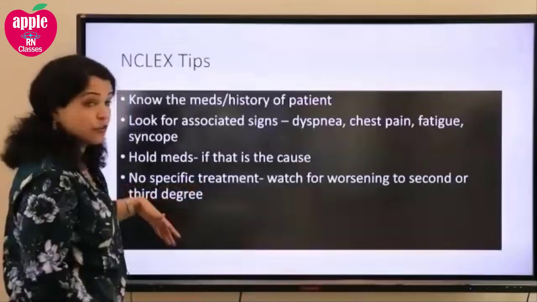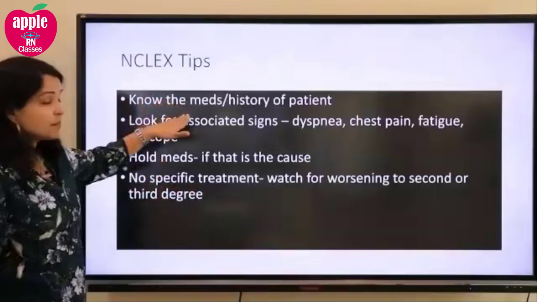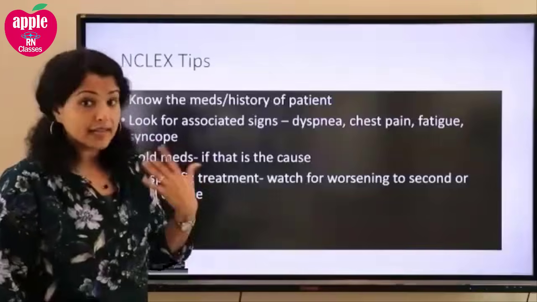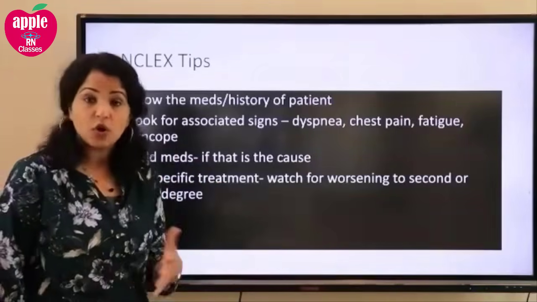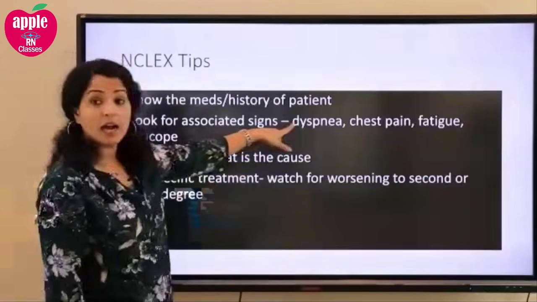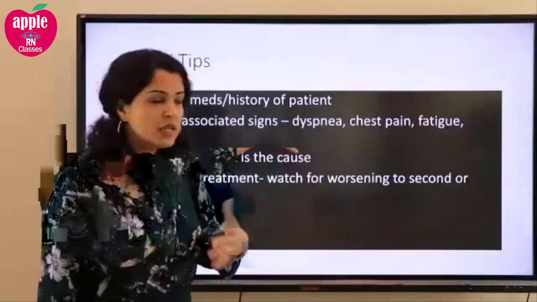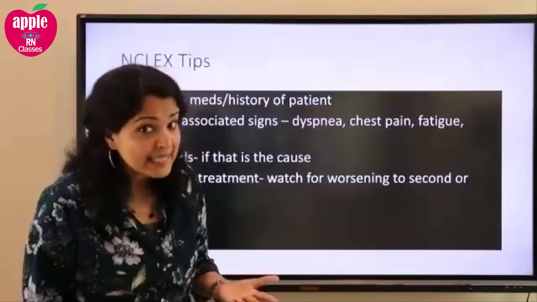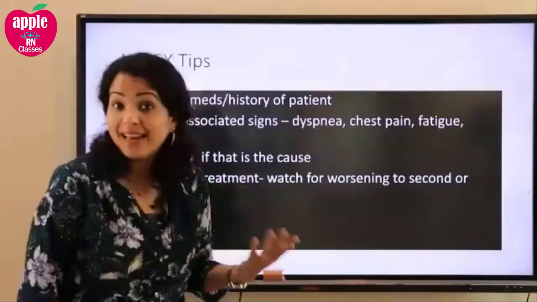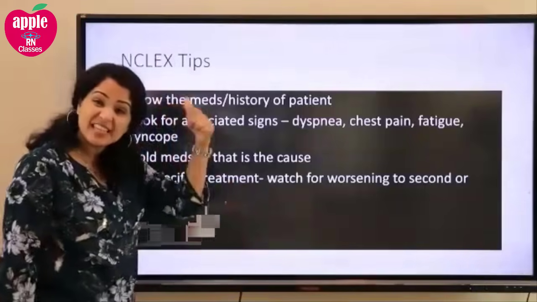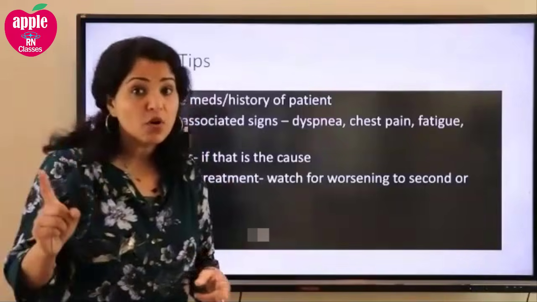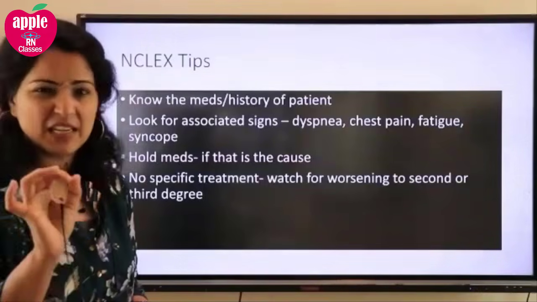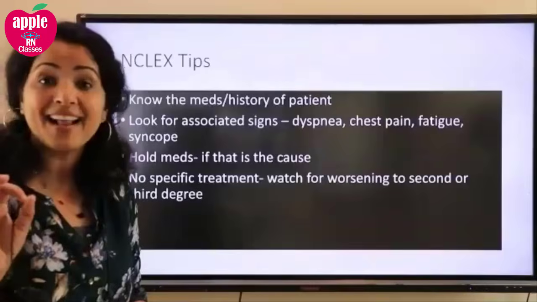All right, guys. So now we are going to go into some of the tips which I thought will be helpful, which I already talked about. Sometimes the patient will have symptoms. That's something we need to ask them or assess them. If they are saying they have dyspnea, like shortness of breath, or chest pain, or if they are always complaining of fatigue or weakness or malaise, or if they are having a syncopal episode, those are some of the clues which tell you this is not something normal, there is something else going on.